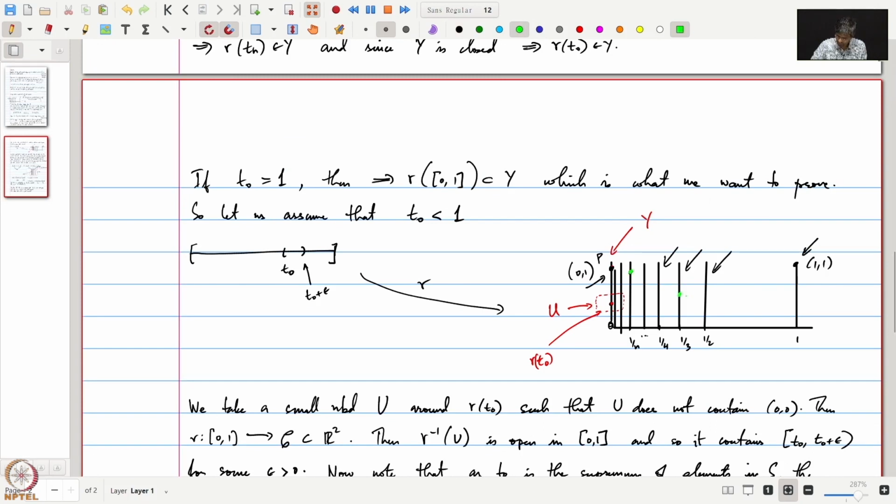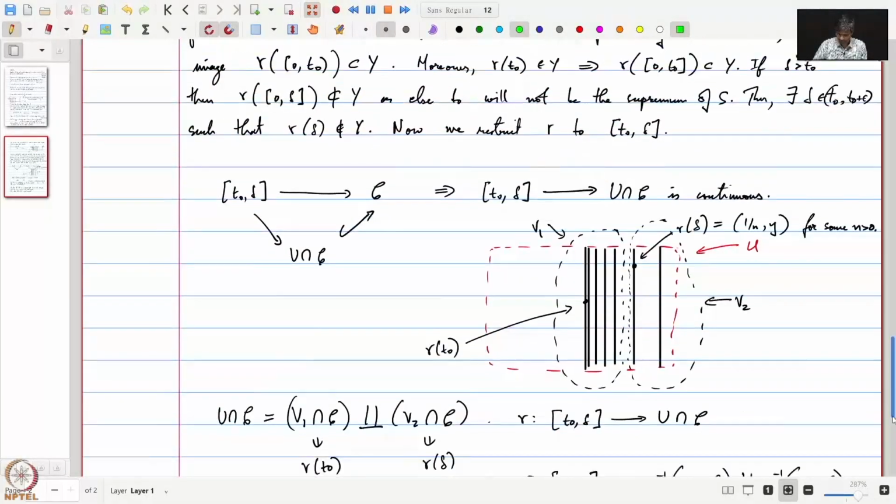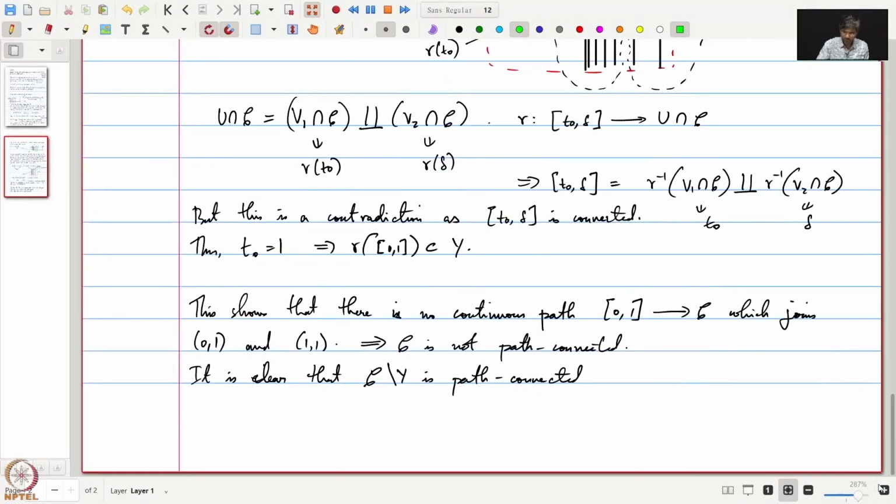We can first come from here to the x-axis over here, then travel to this point, and then go up. We cannot do this if our point is on Y, because the origin has been left out, so we cannot pass through the origin. So it's clear that C minus Y is path connected.